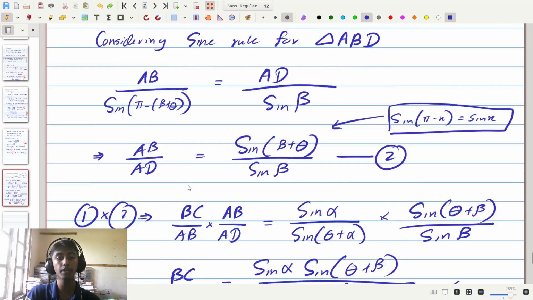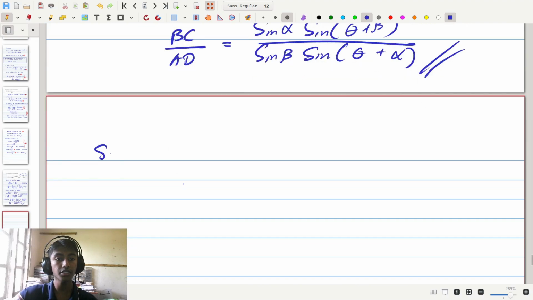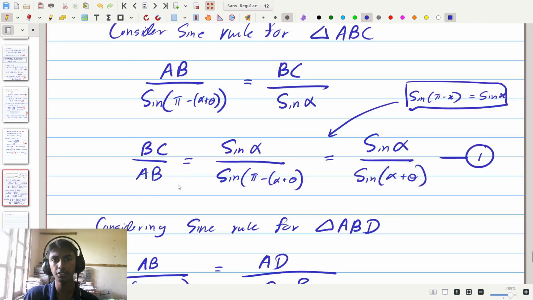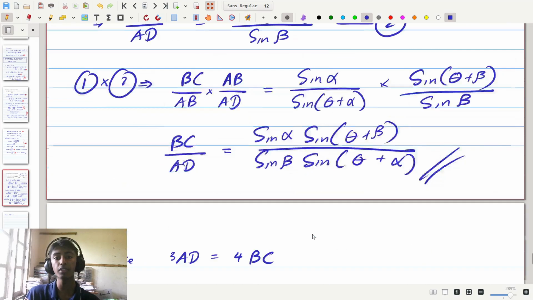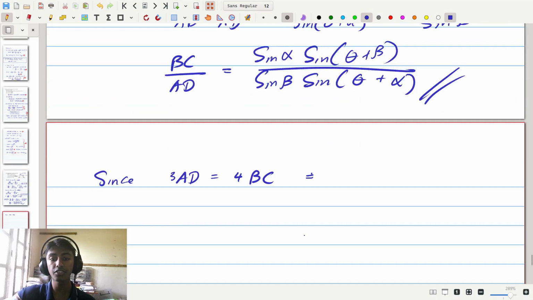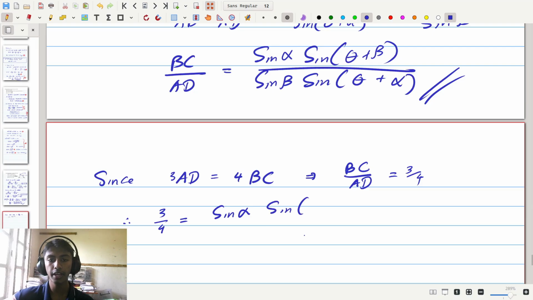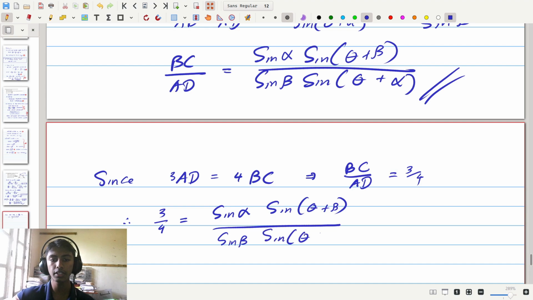So therefore what I'm going to do is I'm going to consider down here, since AD times 3 was equal to BC times 4, I believe that's the correct relationship. Yeah, 3AD equals 4BC. Since 3AD equals 4BC, we can say that BC divided by AD is equal to 3 over 4, and therefore 3 over 4 is equal to sine of alpha times the sine of theta plus beta divided by the sine of beta times the sine of theta plus alpha.